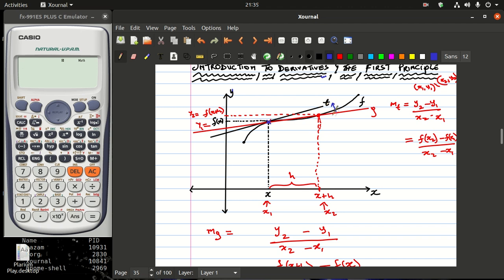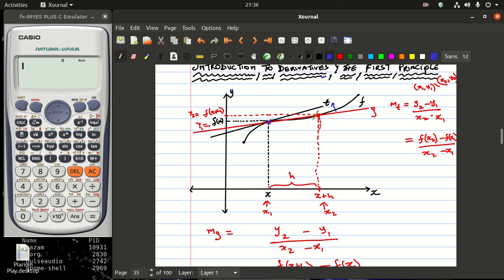And now, how can we make sure that we push this line so that it overlaps with that line, but still we have a point on this function here? So as I keep pushing this line, you will find out that this point here will not stay here, it will be moving this way.